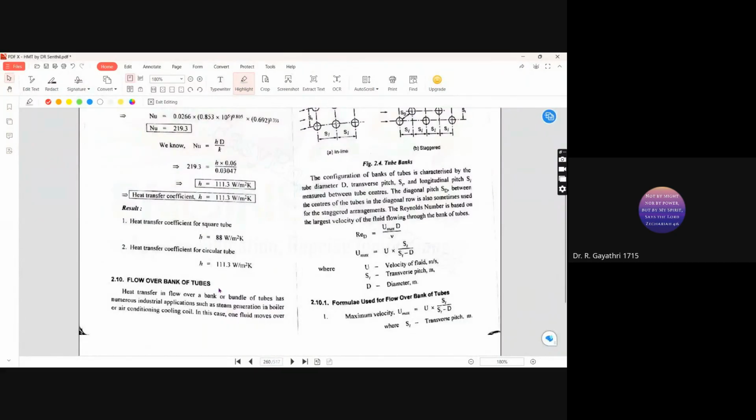A square tube is normally known as a rod. Taking 111.3 minus 88, about 23 by 111, we can expect around 20 percent increase of heat transfer coefficient by changing the cross-sectional shape from square to circular.